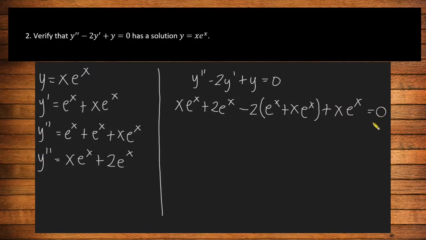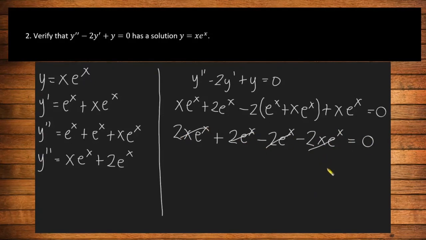So by combining like terms, we will have 2x e raised to x plus 2 e raised to x minus 2 e raised to x minus 2x e raised to x. So these terms will cancel out, these terms will cancel out, so we will have 0 equal to 0. Therefore, the given function y equal to x e raised to x is a solution to the differential equation.